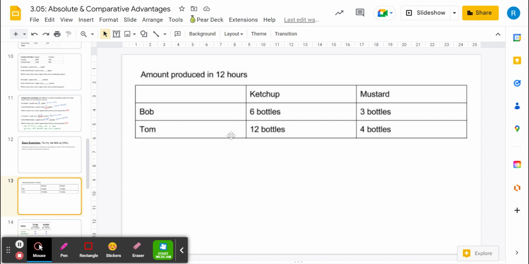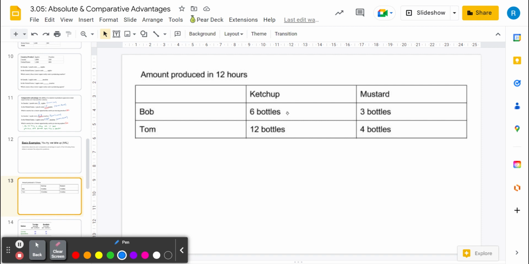Okay, so problem number one here. Bob and Tom. Tom has the absolute advantage in both ketchup and mustard, right? Tom can simply produce more of both. So that means you need to calculate the comparative advantage to figure out which one Bob and Tom should specialize in. Okay, so I'm going to put the opportunity cost then in each of these boxes.